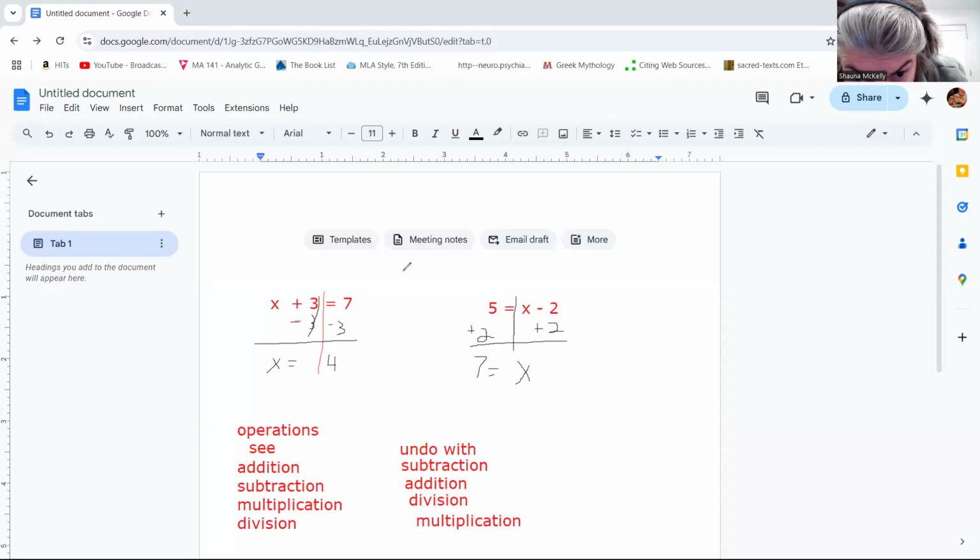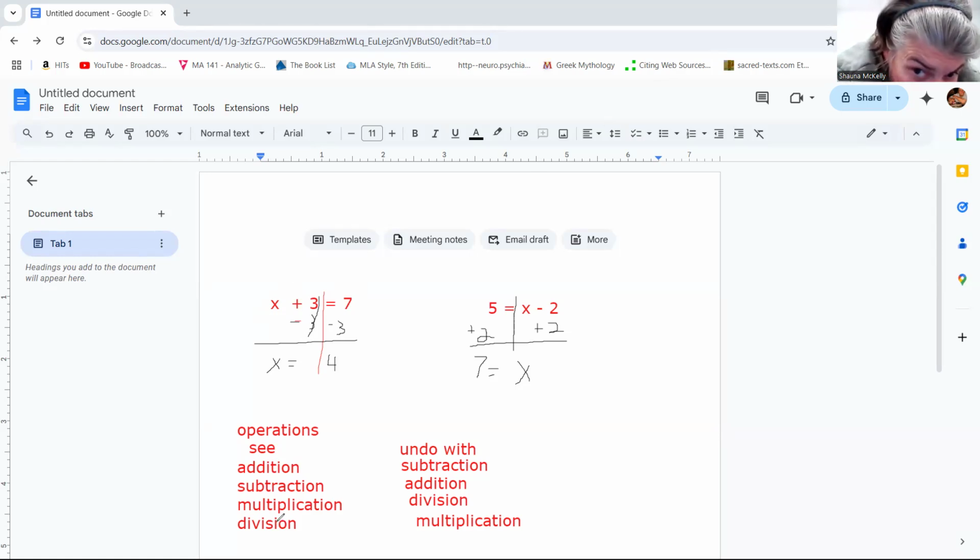Okay, so here I have two examples on the board. In this first example, I have x plus 3 equals 7. This is an equation, and I'm going to talk to you about the four basic operations: addition, subtraction, multiplication, and division.